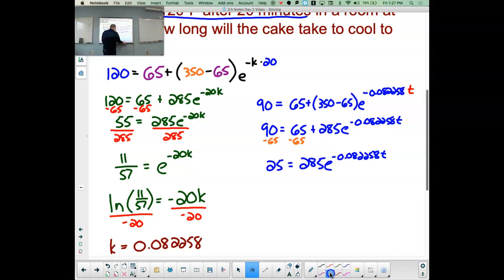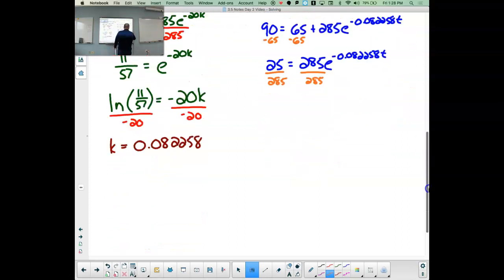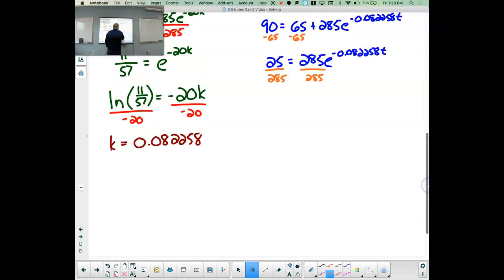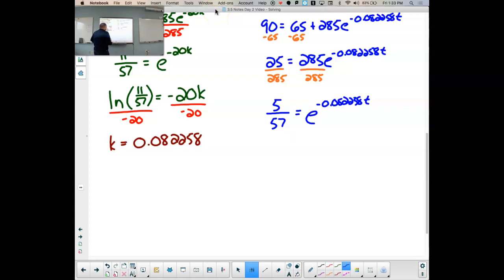Dividing by 285 gives me 5/57 if I reduce that fraction. Again, if you want to have it be 25 over 285, totally fine with that. e to the negative 0.082258 t power. So again, we would natural log it here.